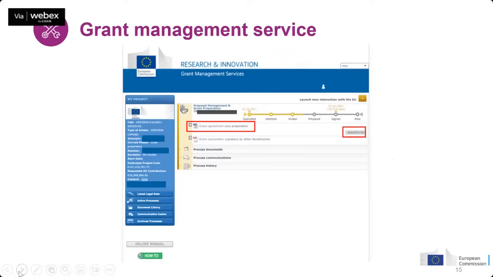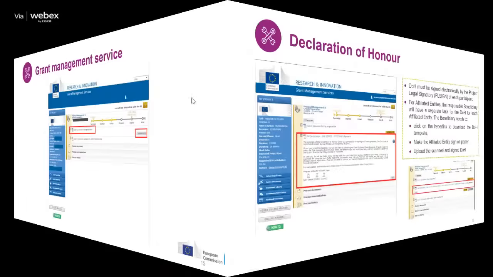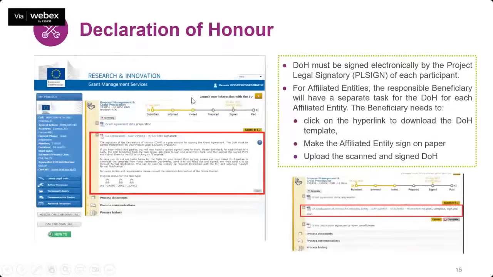So this is something that all participants need to do before the grant agreement is signed, and the declaration of honor must be signed electronically via this PPGMS, Participant Portal Grant Management System. And then every participant will have here the action to sign, as you see here, the possibility to sign the declaration of honor.